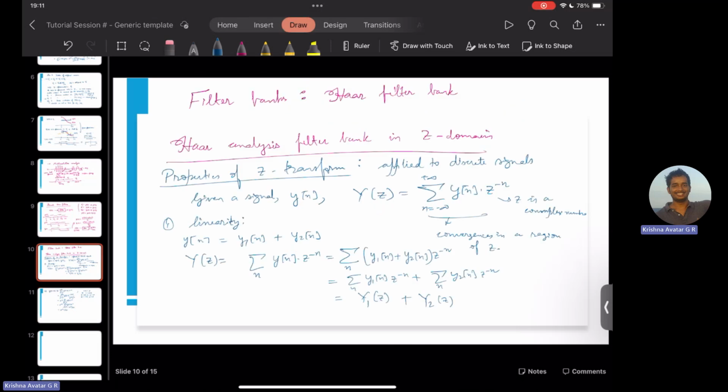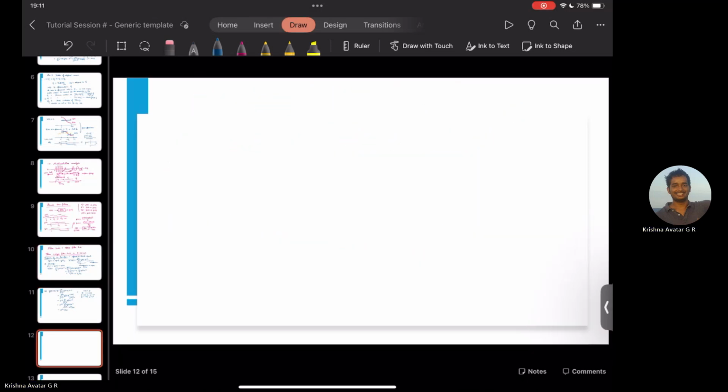Say, for example, let's try this. There are some properties that say you have y of n and its corresponding transform Y of z. Then what would be the derivative of Y with respect to z? For this case, Y of z is equal to the summation over n of y of n z to the power minus n.